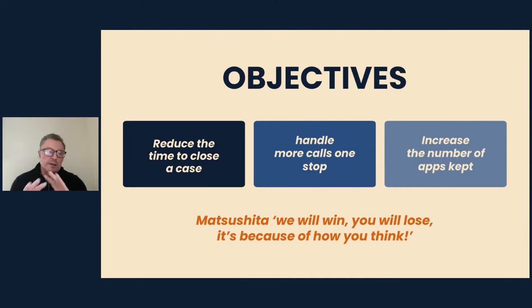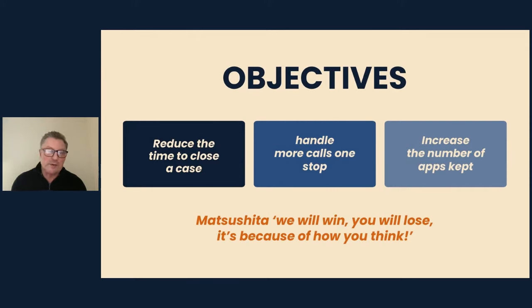And coming back to this arbitrary nature of setting objectives, I think often about this quote from Japanese industrialist Matsushita, who said in one of his speeches, "We will win and you will lose, and it's because of how you think." So the first thing to think about is, how are you setting objectives?